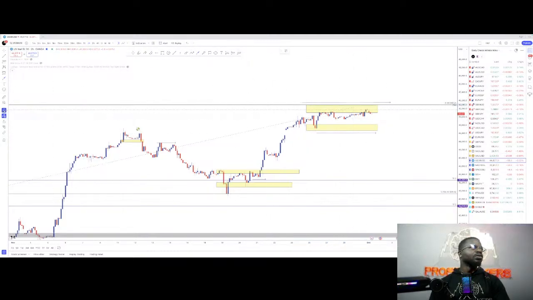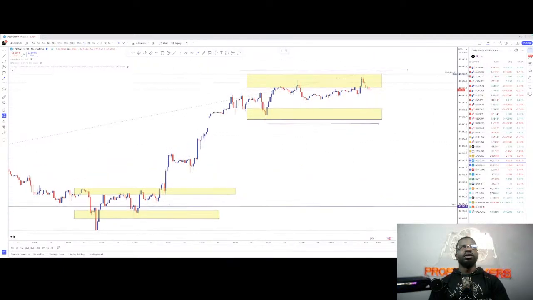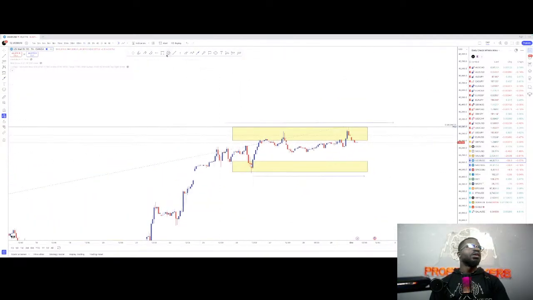Now, with all of these rejections right here on the 2 hour, we don't actually have to wait until this low is broken. We can just set an alert right at that area.